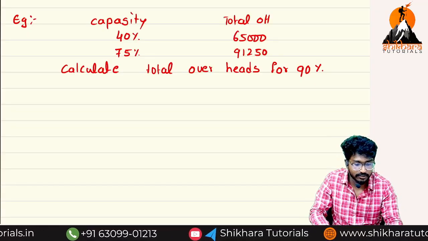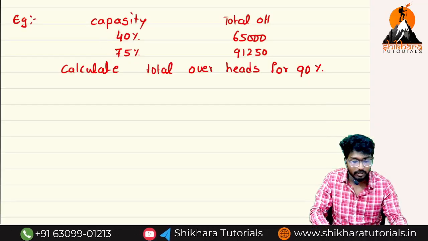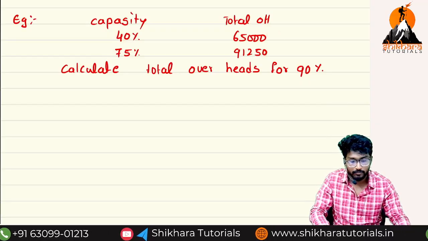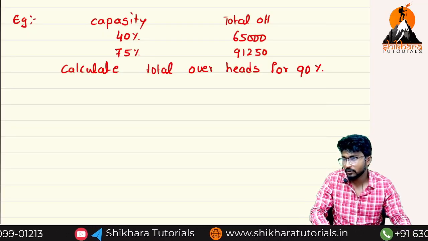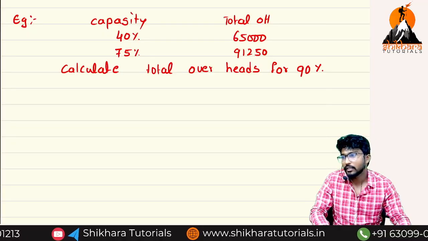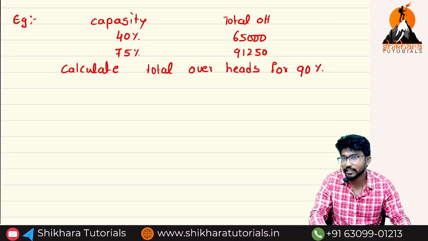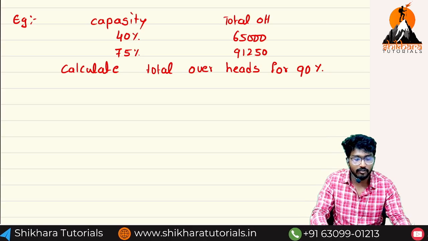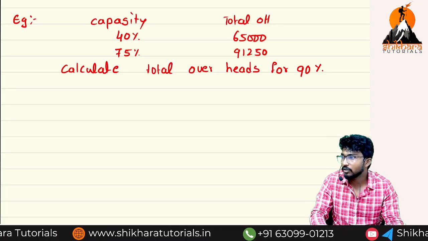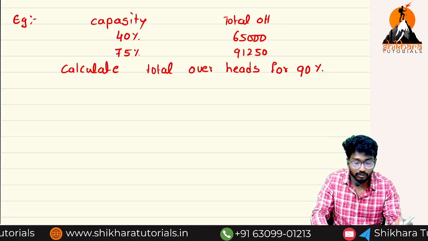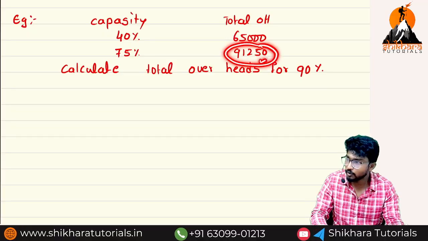What is the change in capacity? 35%. For a 35% change in capacity, your total cost changed by how much? 26,250. This is only variable cost, because fixed cost is always constant. Whatever amount of fixed cost is in one amount, the same amount will be in the other as well.